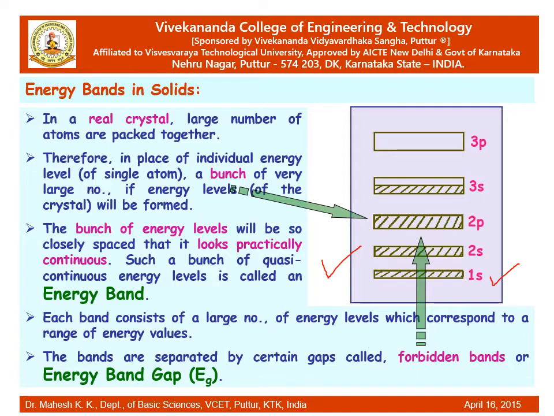Here 1s, 2s, 2p are filled, 3s is of course half filled, and 3p is not filled. Not filled means it is vacant, and here it is a filled one. Then the gap we call it an energy band gap, in any solid.